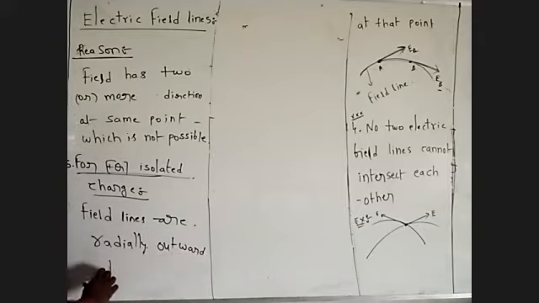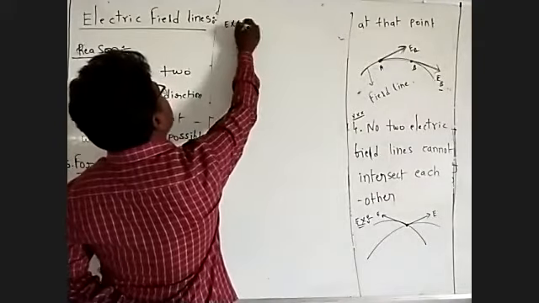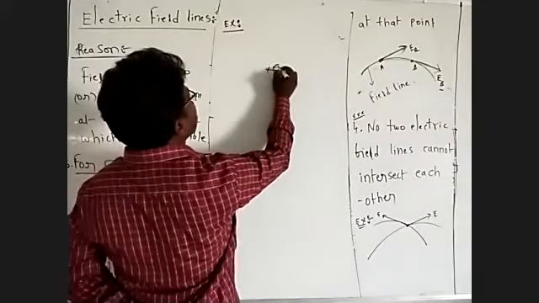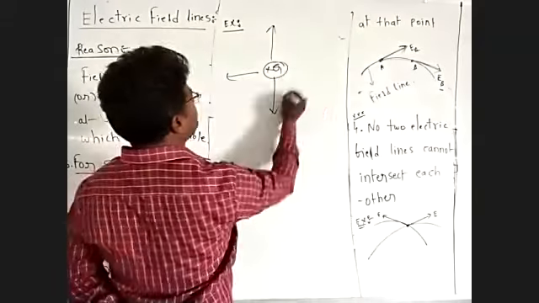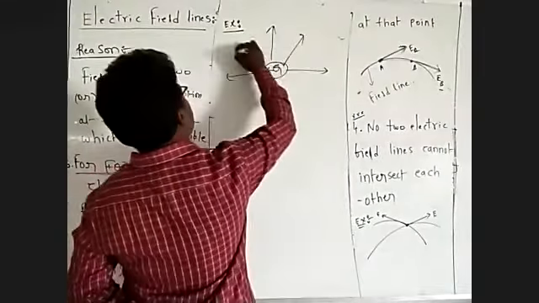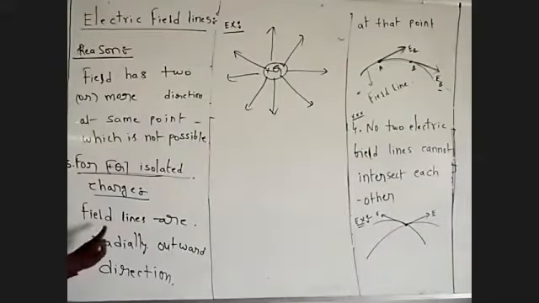For example, this is a positive charge, an isolated charge. The electric field is radially outward. For a positive charge, field lines are radially outward.